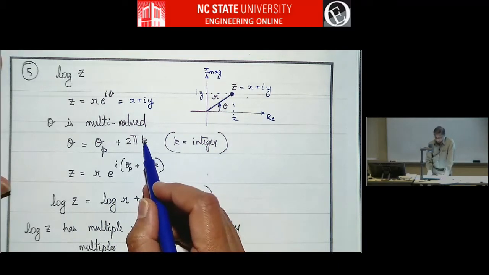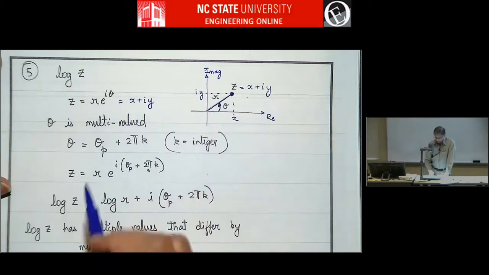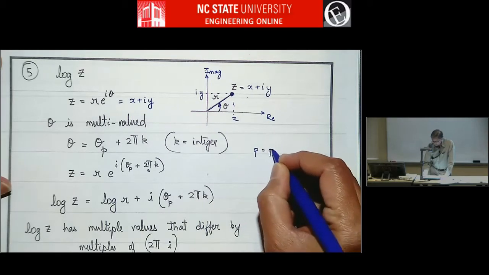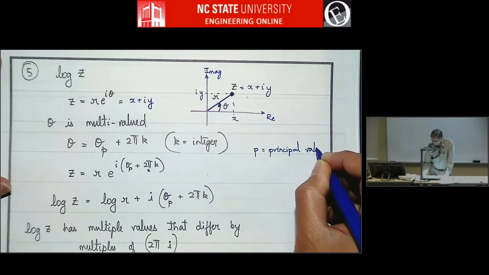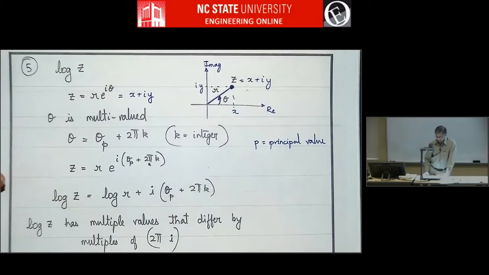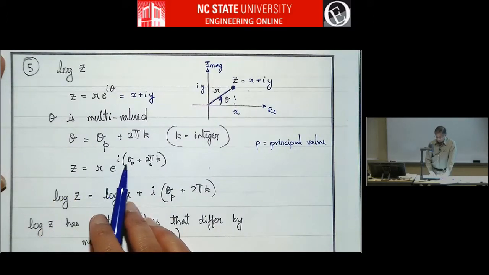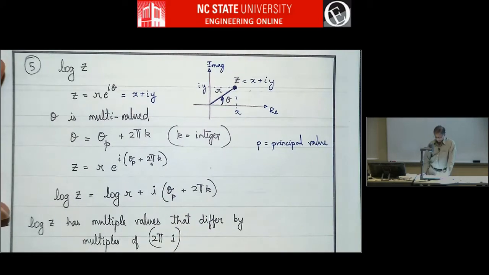Because if you put k as 0, then it's just the main theta, theta p, which is the principal value. So p subscript is principal value. And then you can add many 2 pi's and you'll always come to the same point. So you can really write z as r e to the power i times theta p plus 2 pi k.